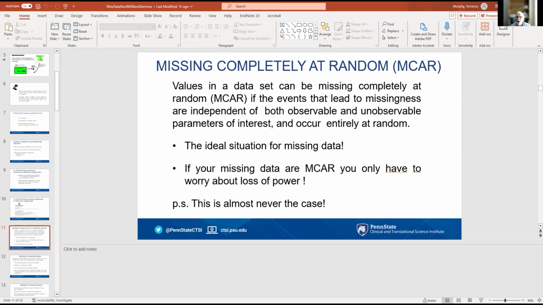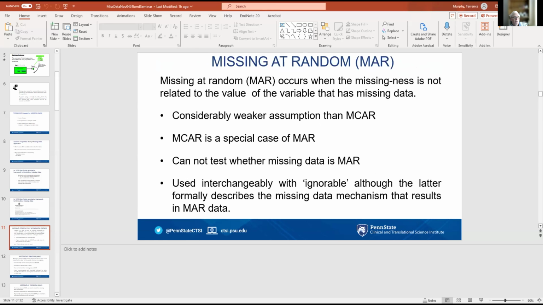And if you somehow knew that your data truly was missing completely at random, then a lot of your worries are already resolved, except for the loss of power, because you would still lose information from missing observations. The other point is that even though there is a formal statistical test for missing completely at random, it's not used very often.